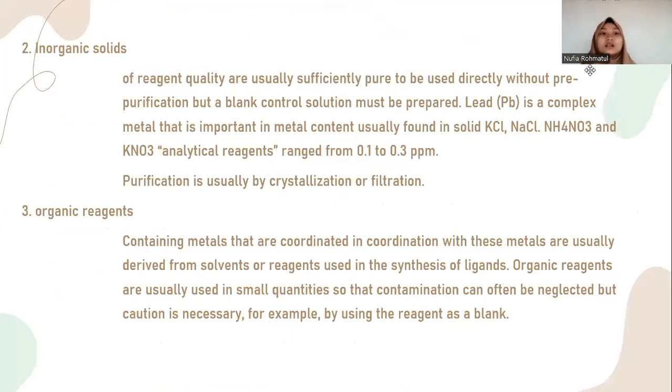Number two, inorganic solids. Of reagent quality, they are usually sufficiently pure to be used directly without pre-purification, but a blank control solution must be prepared. Pb is a metal that is important in metal content, usually found in solid KCl and AgI, and NH4NO3 and KNO3.